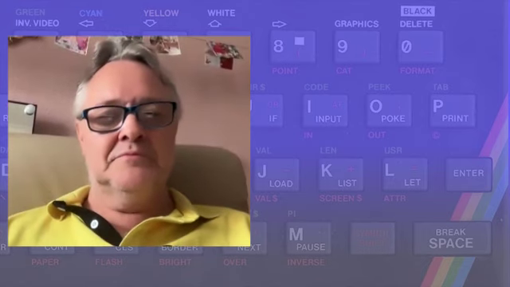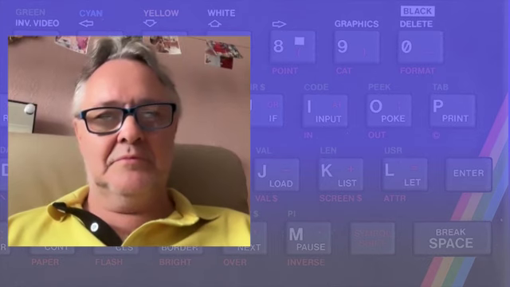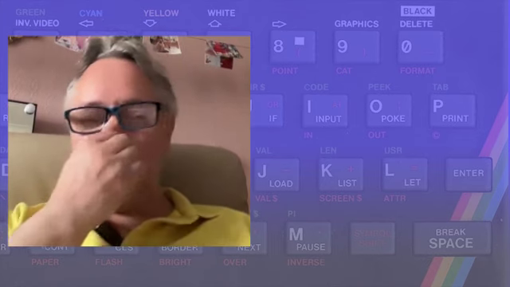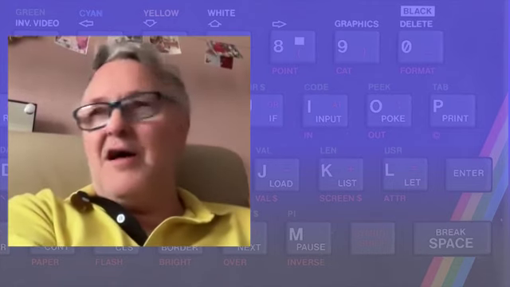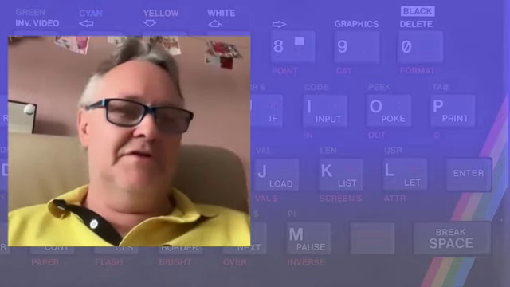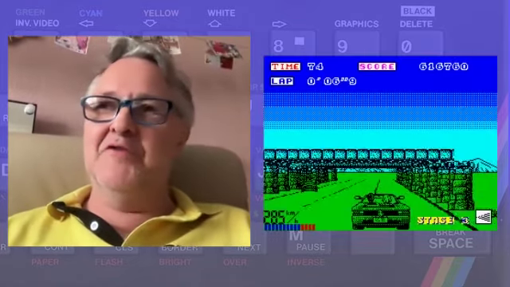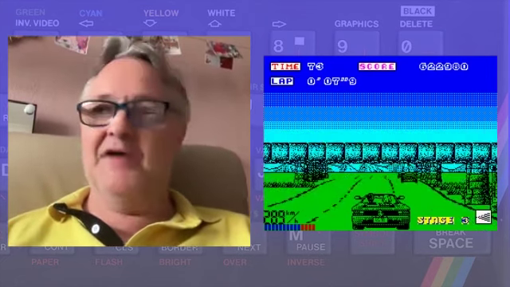So when you designed the tracks, was it like a list of corners and hills? How did you store the tracks in memory? I'll call it an early markup language, although of course, markup language would be an alien concept to us. But yes, it's a list, an array, what have you.